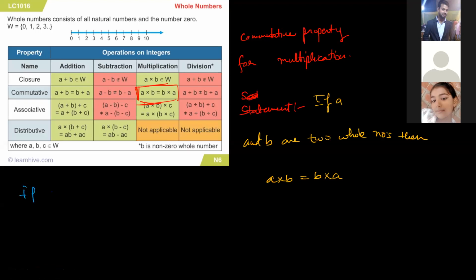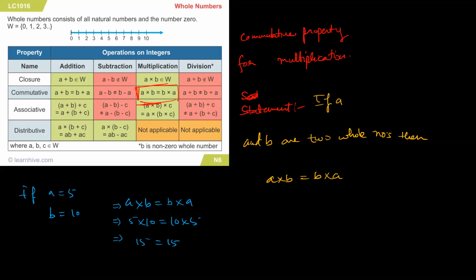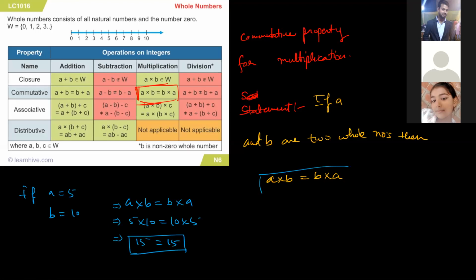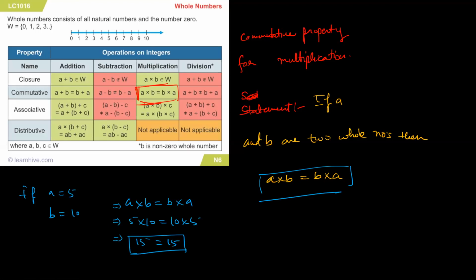If A is equal to 5 and B is equal to 10, then let us prove that A multiplied by B is B multiplied by A. So 5 into 10 is equal to 10 into 5. Okay, so 50 is equal to 50. So it is proven that A multiplied by B is equal to B multiplied by A, and this property is called commutative property for multiplication.